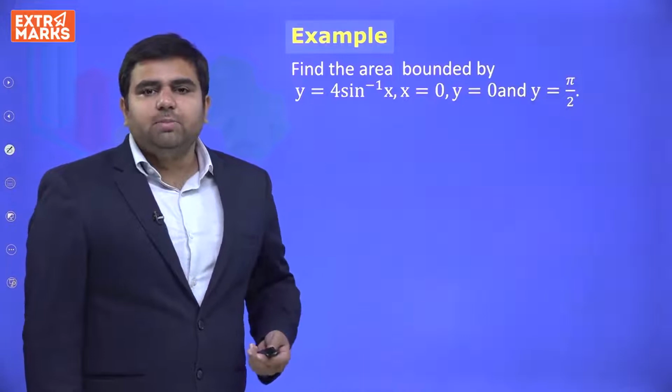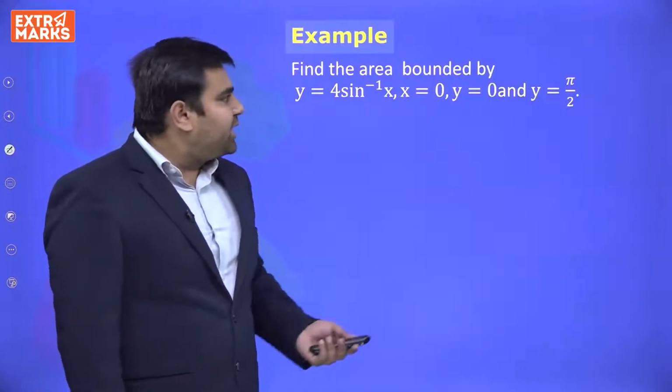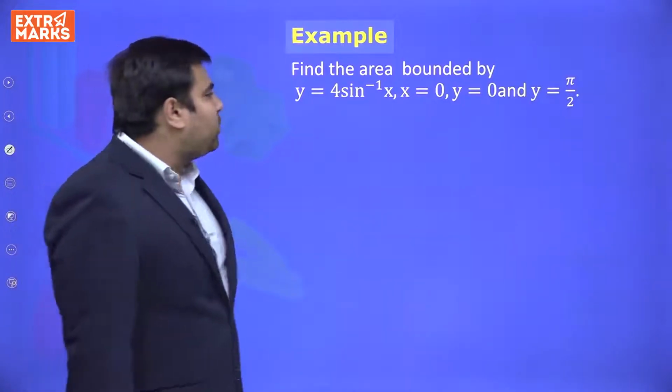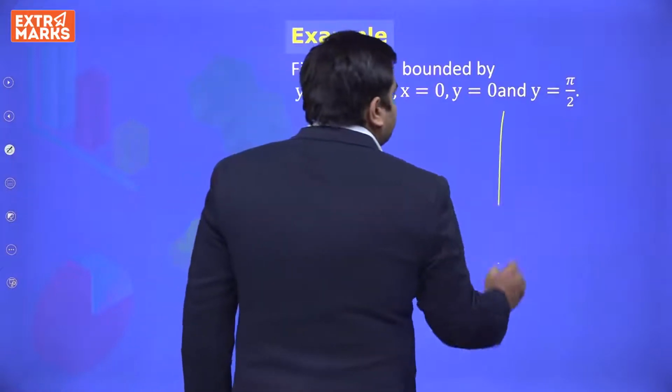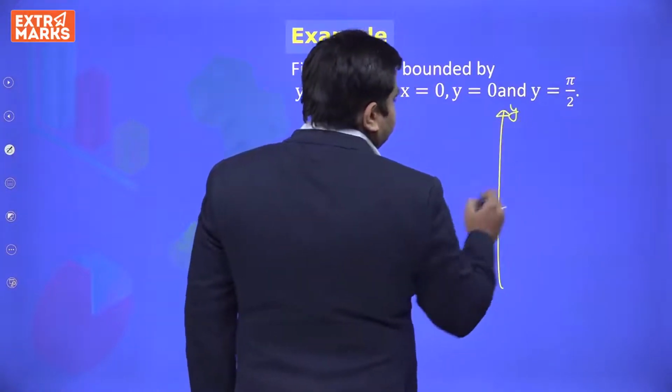Next, find the area bounded by 4 sine inverse x equal to 0, y equal to 0 and y equal to pi by 2. So let's calculate this.